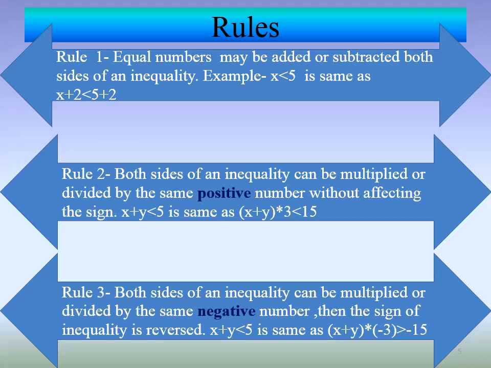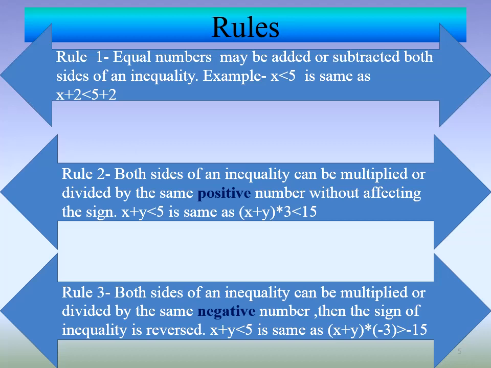Rule number 2: both sides of an inequality can be multiplied or divided by the same positive number without affecting the sign. Like if I consider x plus y less than 5, it is the same as when I multiply this inequality on both sides by 3, which becomes 3 times (x plus y) is less than 15.